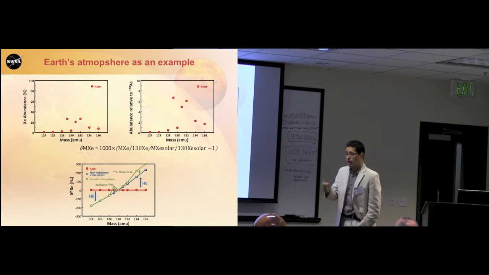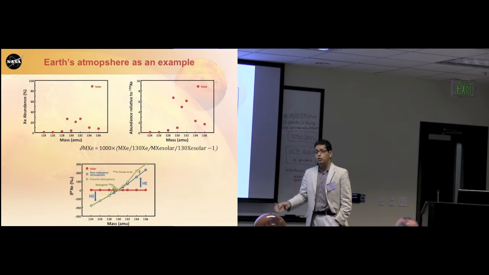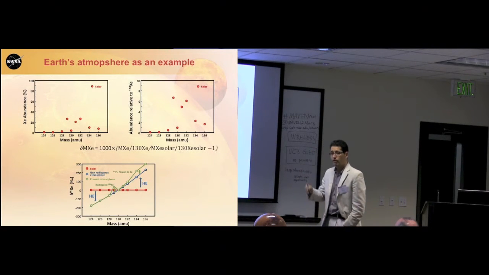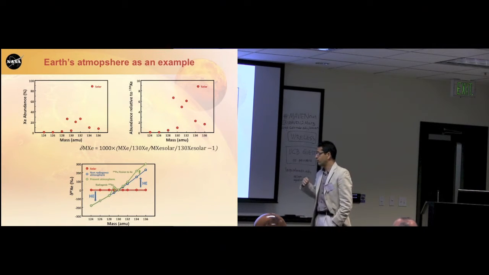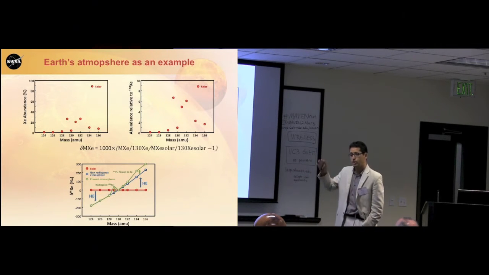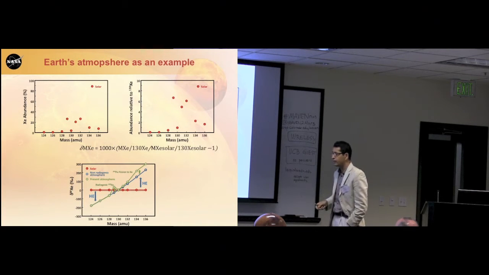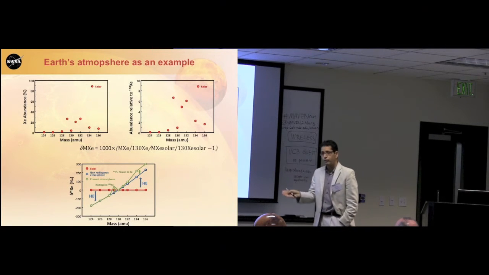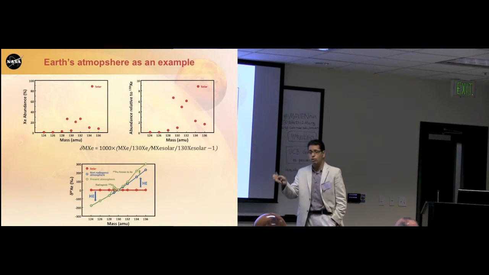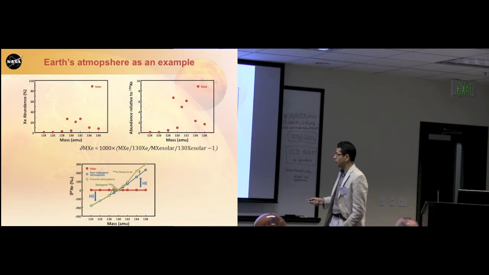And obviously, it's easier to entrain things that are lighter than things that are heavier. So preferentially, the hydrogen was entraining the lighter stuff, and the atmosphere found itself more and more rich in heavy stuff. So when you plot the variation from the solar values, you find that the values get higher for heavy stuff and lower for lighter stuff.